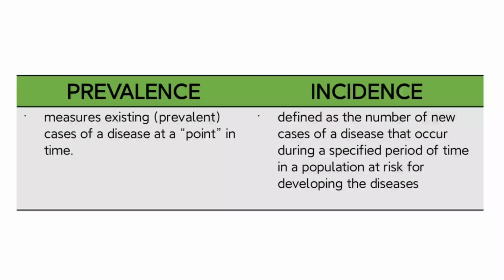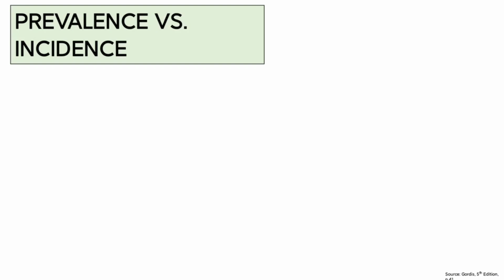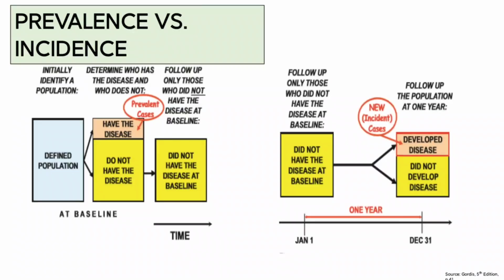So basically, you have what we call an observation period in incidence. Okay? So, prevalence versus incidence. There. So, you can see in these pictures, there is already a defined population at a particular baseline for prevalence.